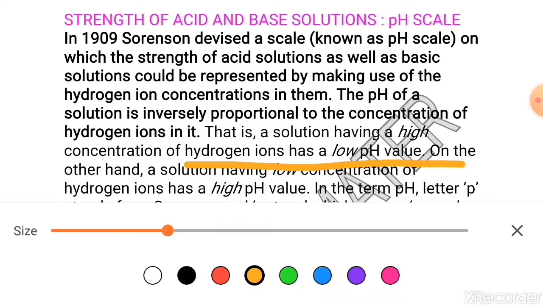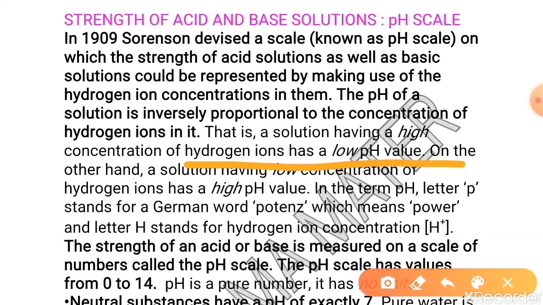Now we are looking at some more things here. In the term pH, the letter P is from the German word Potenz, which means power. And the H is for hydrogen ion concentration.